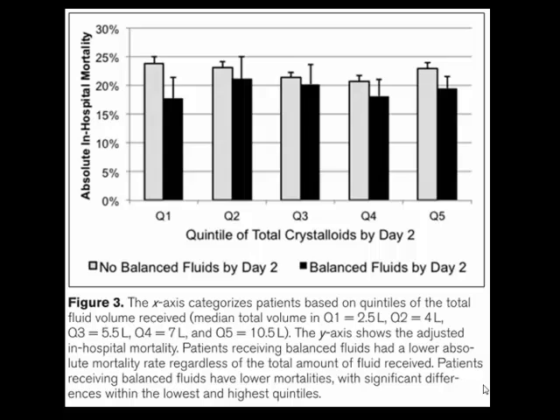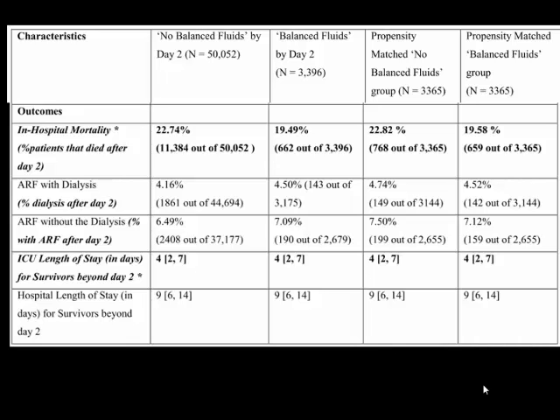They divided those in both arms, the balanced fluids arm and the non-balanced fluids arm. As you can see, the black bar is the group with balanced fluids, and the mortality was lower than in those who didn't receive them. This is basically what I mentioned in the previous table, the in-hospital mortality and the frequency.